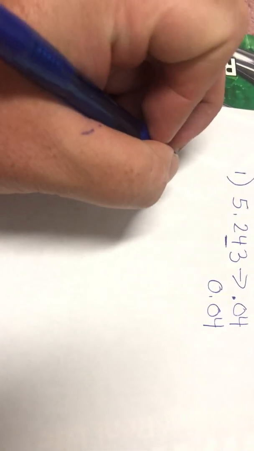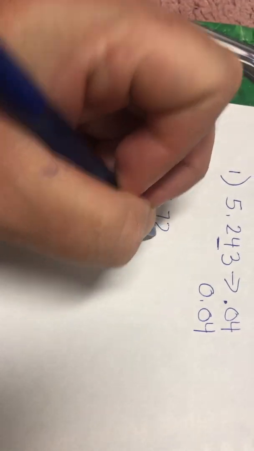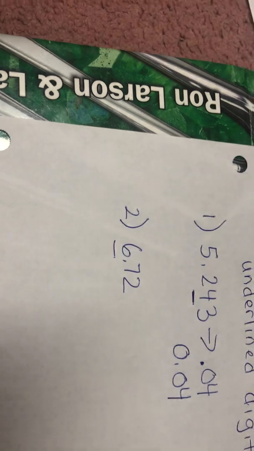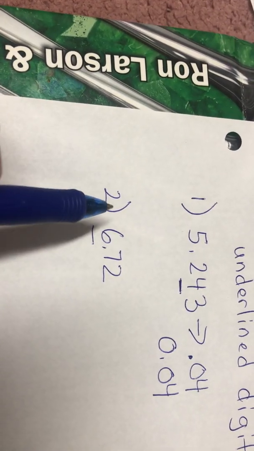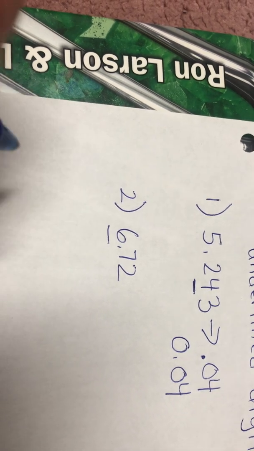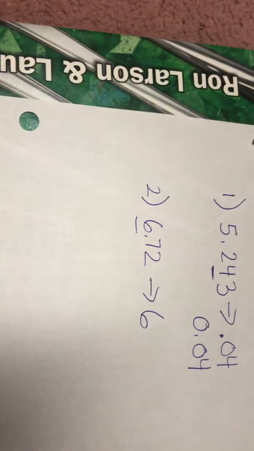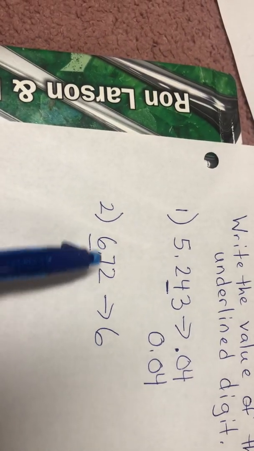So let's look at another one. Let's say that I've got 6 and 72 hundredths, and we're going to underline the 6. Well, I know that 6 is in the ones place. Okay, so I have 6 ones, and a value of a 6 in the ones place is just 6. Now, if I want to take all the other things and turn them into zeros, I can.